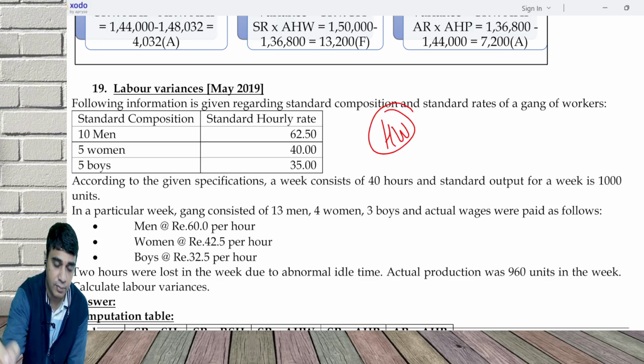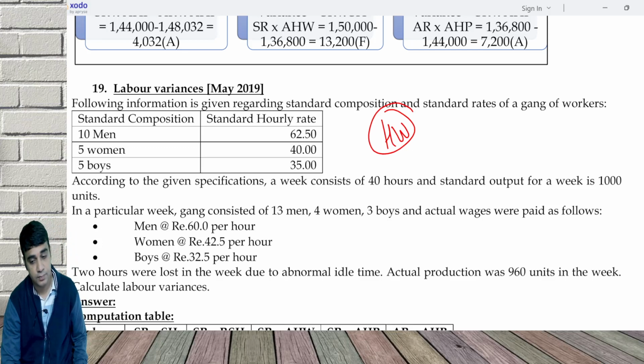Tell me the standard equation. 800 hours equal to 1000 units.